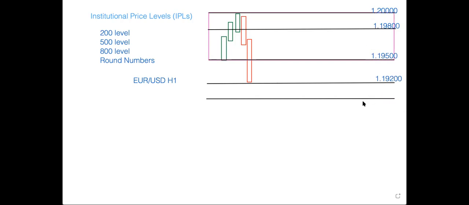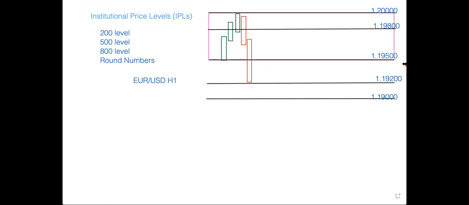As you can see from the top, once we got this bullish price action, we got a major price push down, and here we broke below this last push up, so that's why we got the H1 order block.